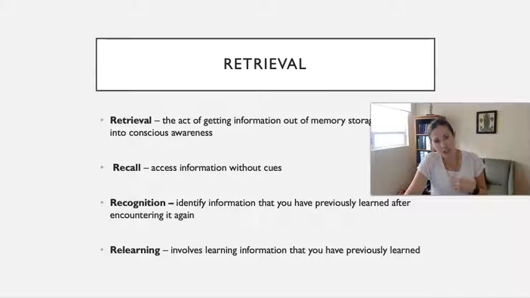And then relearning is learning information that you have previously learned. And when you do that, you learn it faster the second time. And so that is a sign that you never really forgot it. It was still there somewhere in your mind.